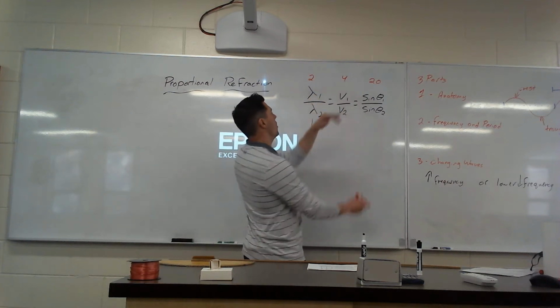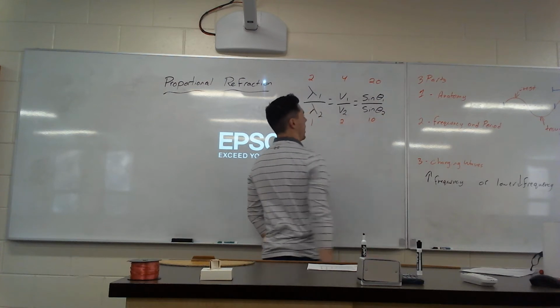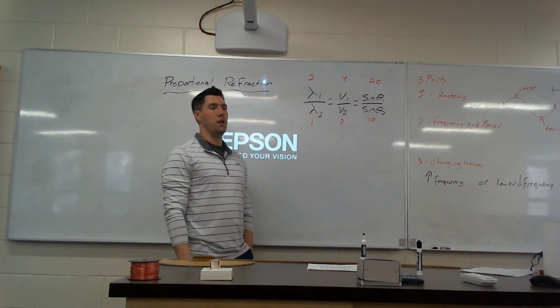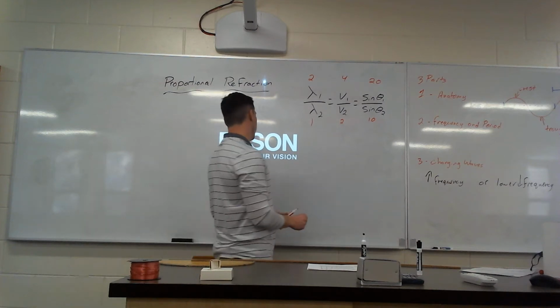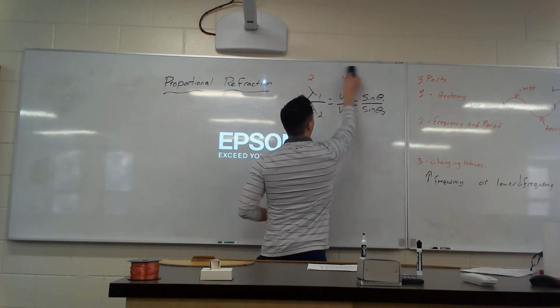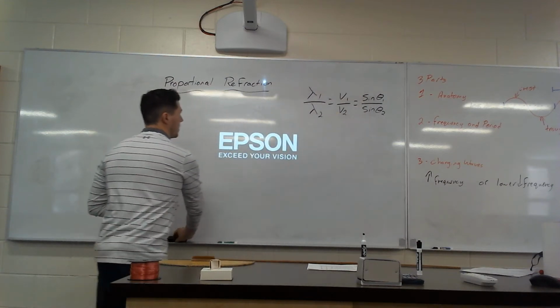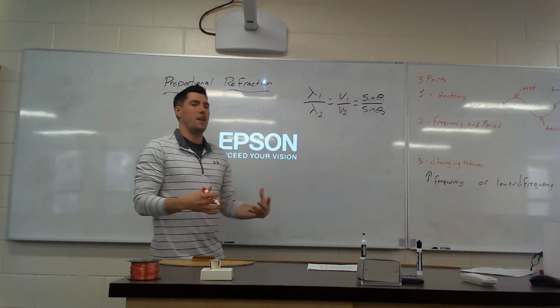So instead of 4, I'll have a velocity of 2. Instead of an angle of 20, I'll have an angle of 10. So there's one proportional way to look at this. I'm going to show you guys how to use this formula for our actual worksheet and go through a couple examples there. But again, this is why this works, because they all change the same exact proportion.